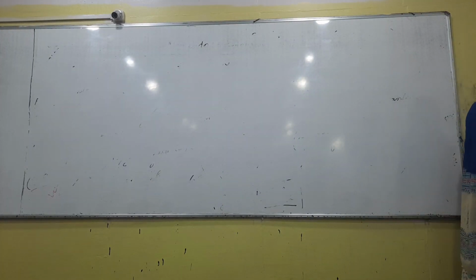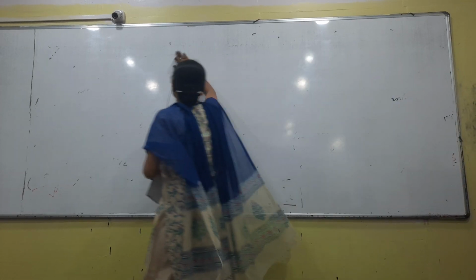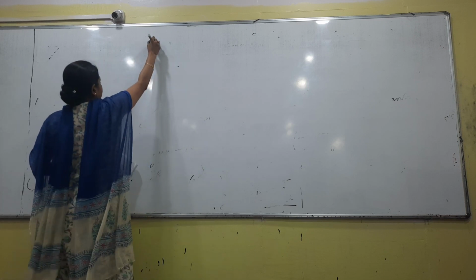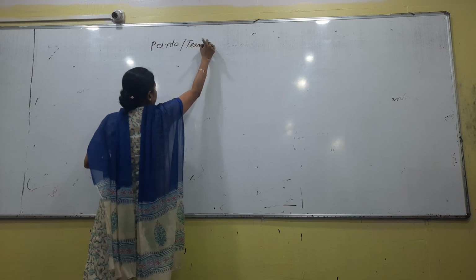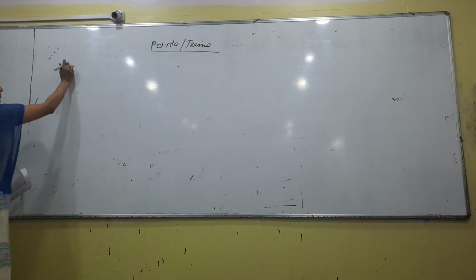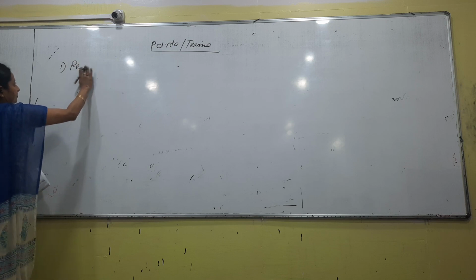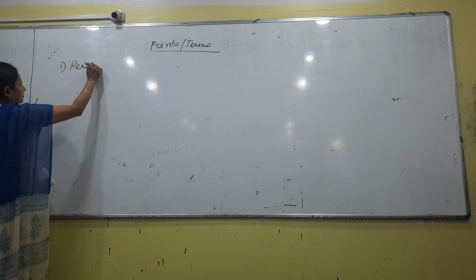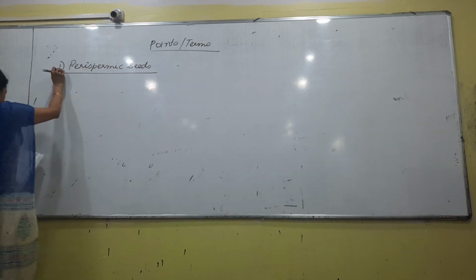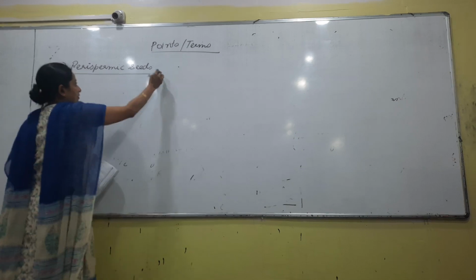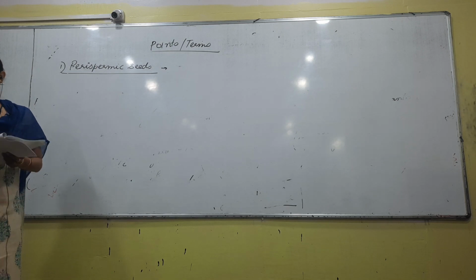Some points, some terms you need to study. So dicot seed, monocot seed, another seed that is called as carunculate seed.